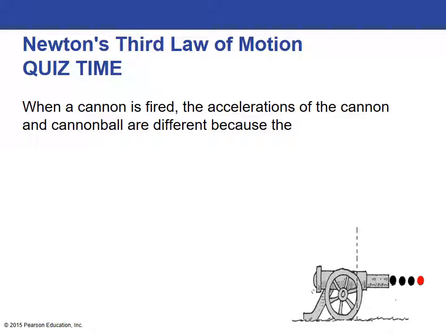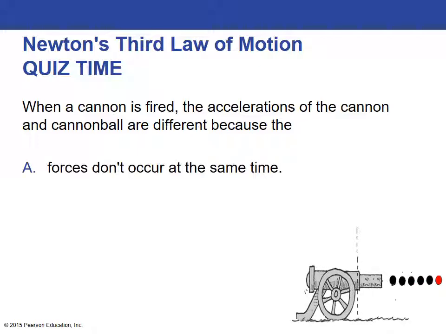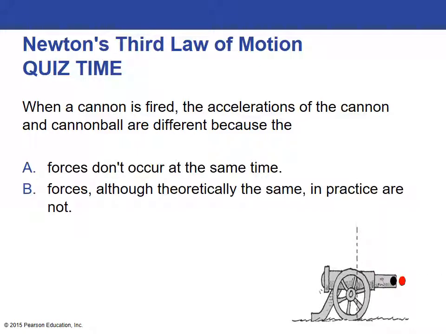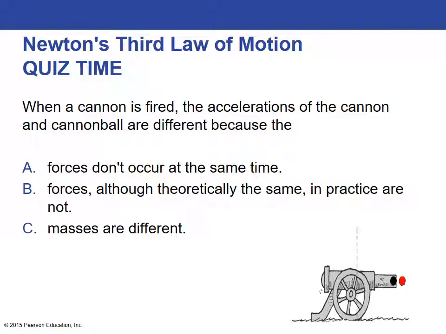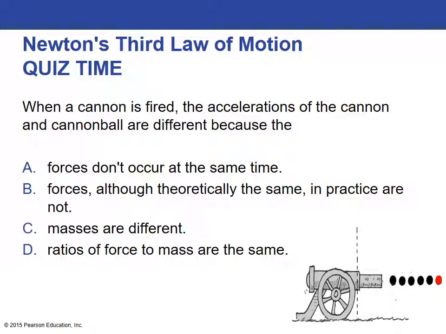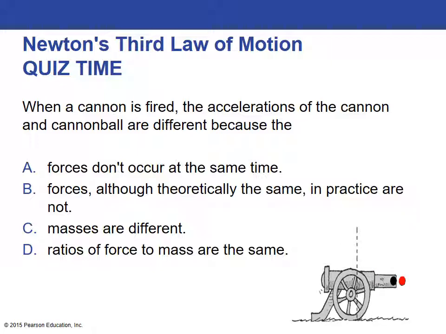All right, you try one. Why is it that the acceleration of the cannon and cannonball are different? Is it because the forces are acting at different times? Is it because the forces are not really the same? Is it because the masses are different? Is it because the ratios of force to mass are the same?